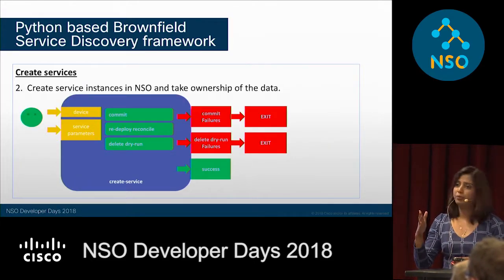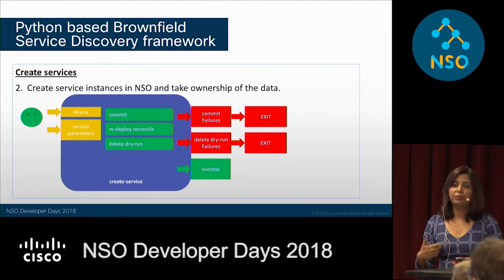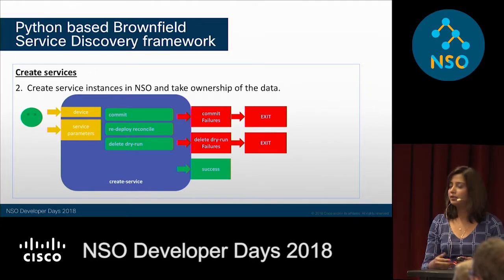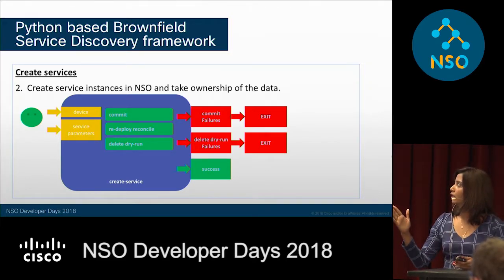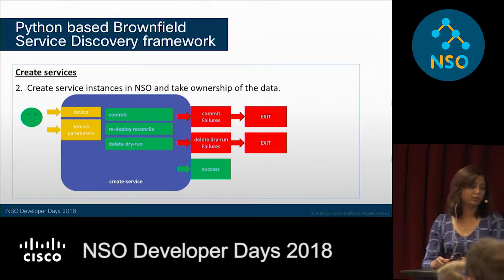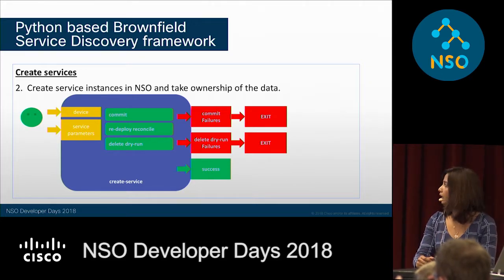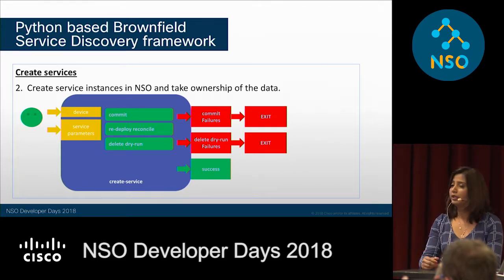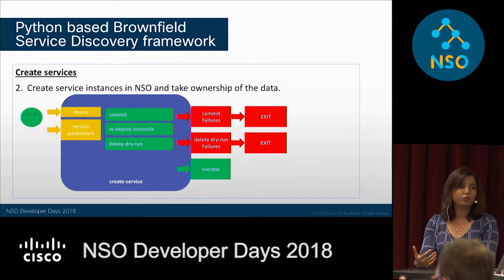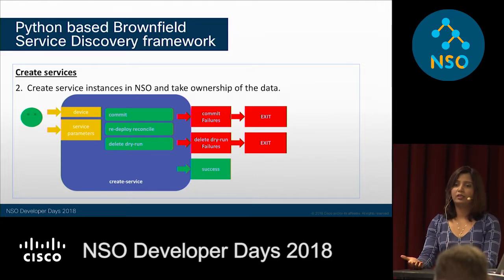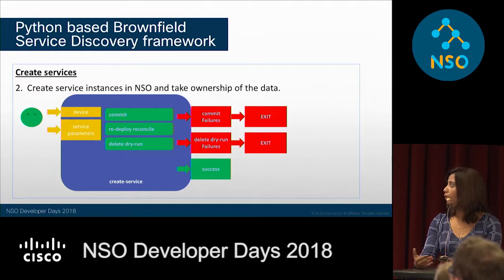The first step can be run iteratively until you're happy with the results. Then the output of that can be passed on to the next step, which is the create services step. In this step, we commit the service instances. We then do a redeploy reconcile, which is basically taking ownership of the data so that at a later point you can modify and delete service instances through NSO.